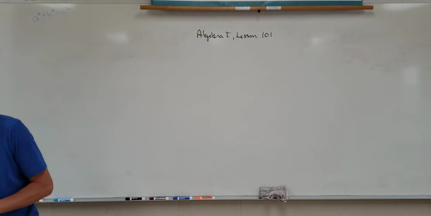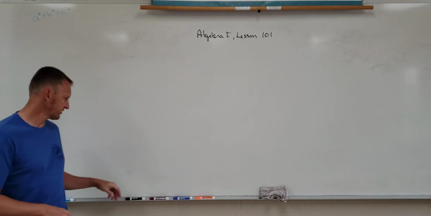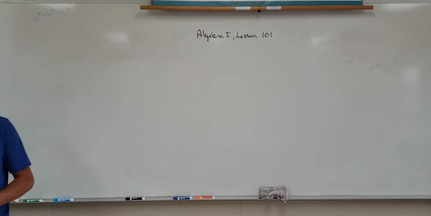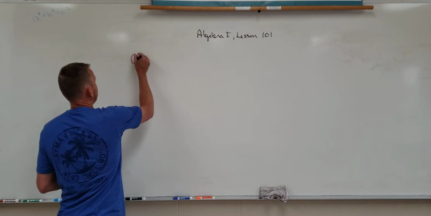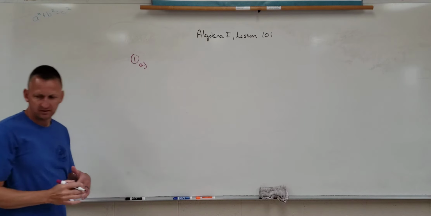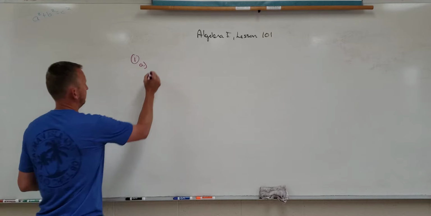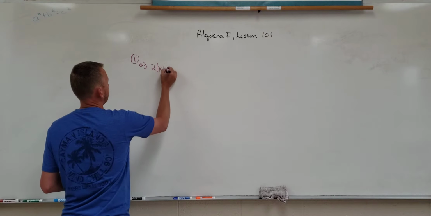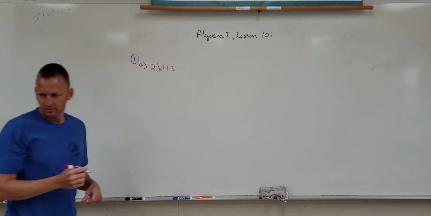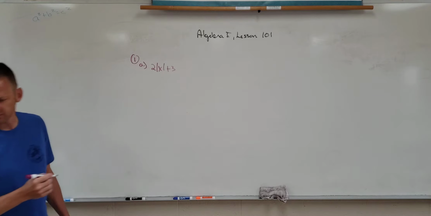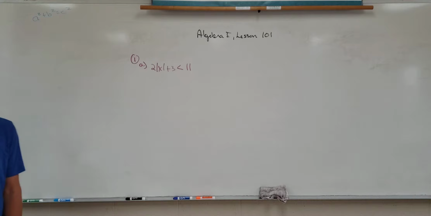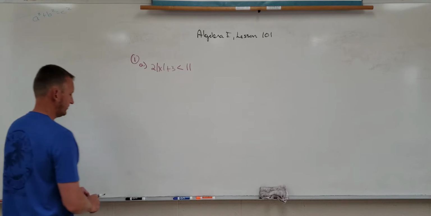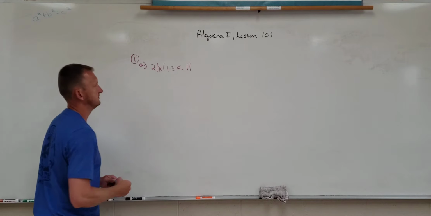Lesson 101. Solving multi-step absolute value inequalities, page 678. We're actually doing stuff that you guys have already been doing, but it's multi-step now. 2 times absolute value of x plus 3 is less than 11. It says solve and graph. So just start solving these like we normally would.